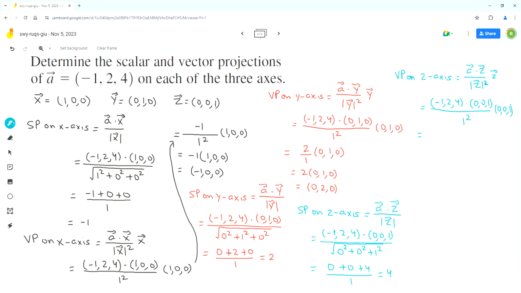The dot product in the numerator is equal to 4. Now we can do this scalar multiplication. 4 times the vector 0, 0, 1 is equal to 0, 0, 4. So this is the vector projection of vector A on the z-axis.